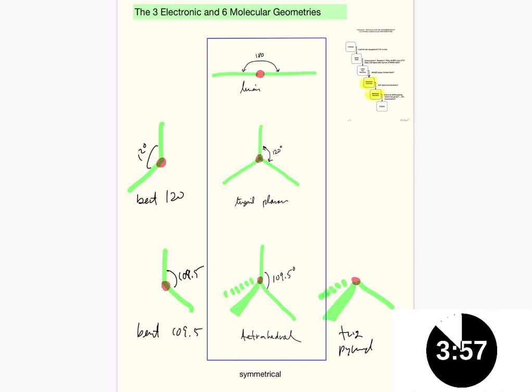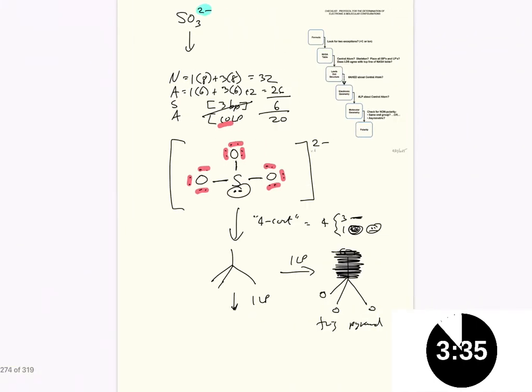Right. And these 3, the electronic geometry, is said to be symmetrical, okay? And these molecular geometries that are not also in electronic geometry are asymmetrical or lopsided. And if you have a lopsided molecule, it will be polar, which is kind of working us into the very last piece here. Okay.